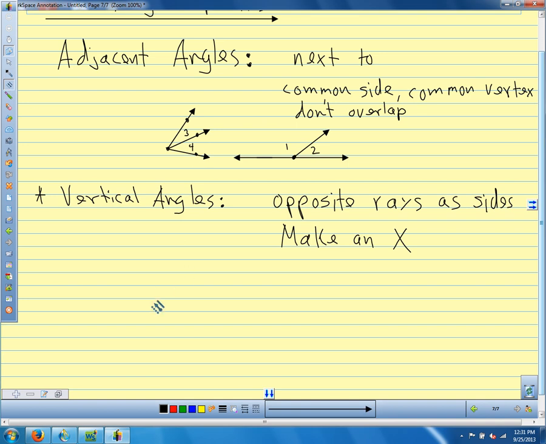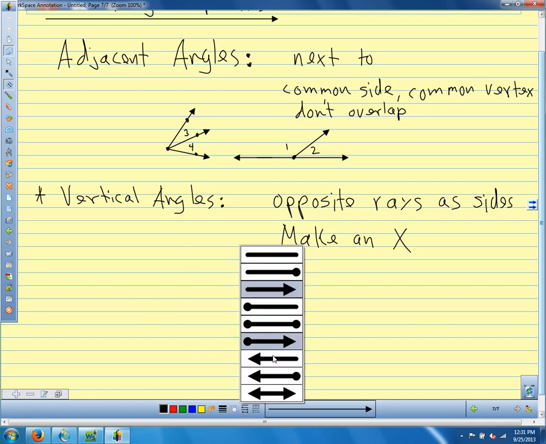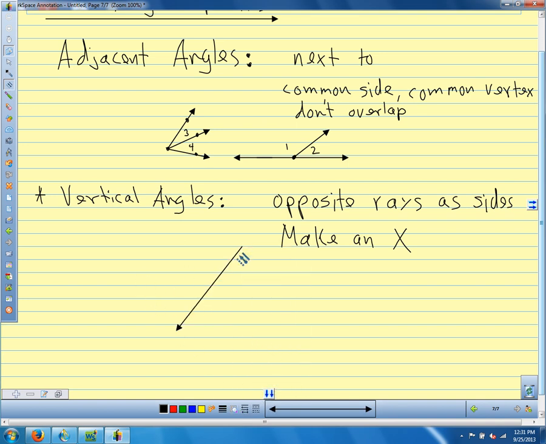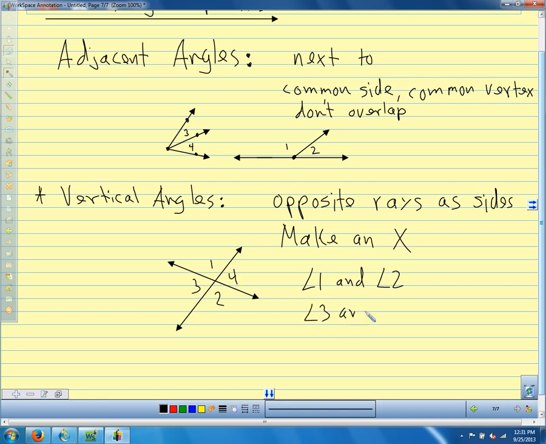So if we drew vertical angles, I'm going to draw two opposite rays. There are two opposite rays. Angle 1 and angle 2 are vertical angles. They have opposite rays as sides. Angle 3 and angle 4 are vertical angles.